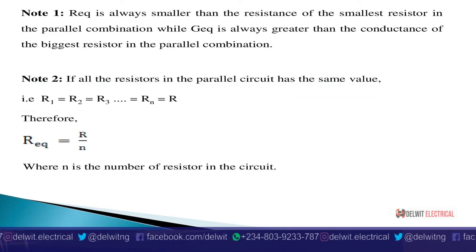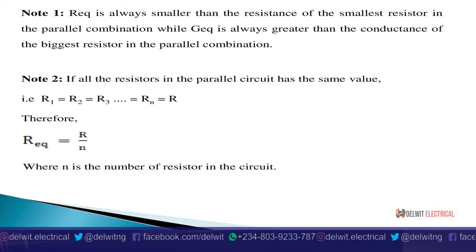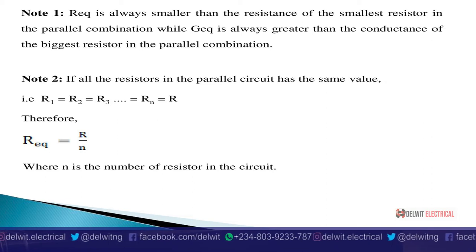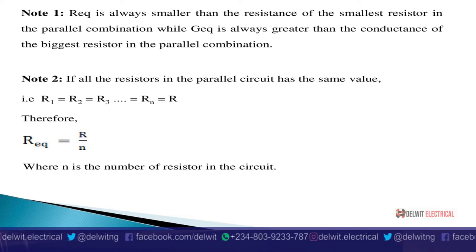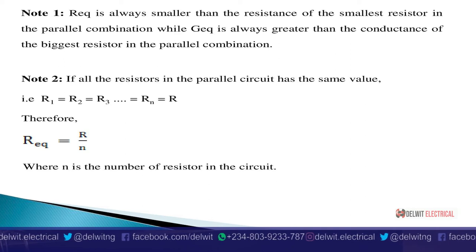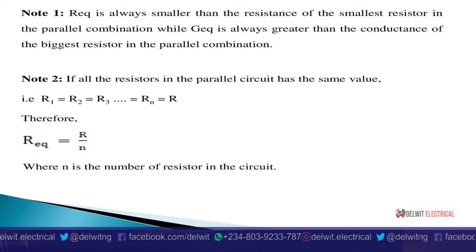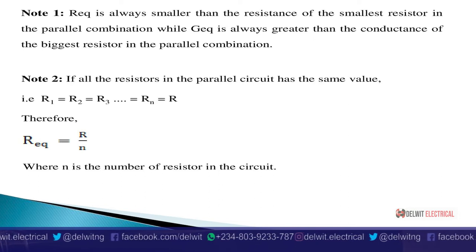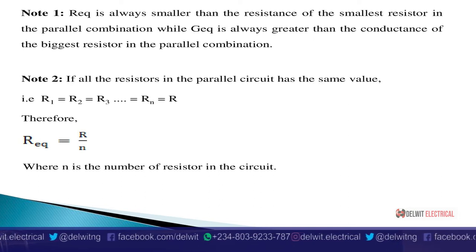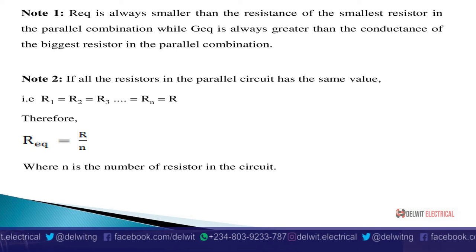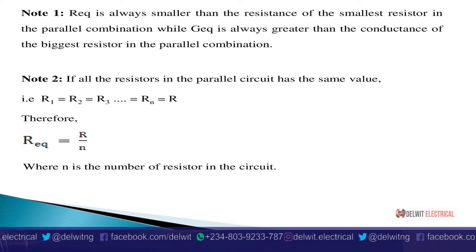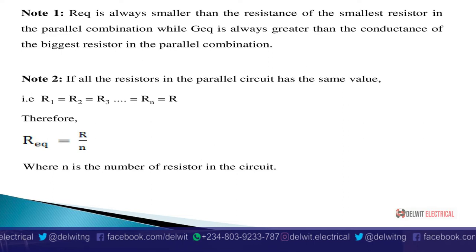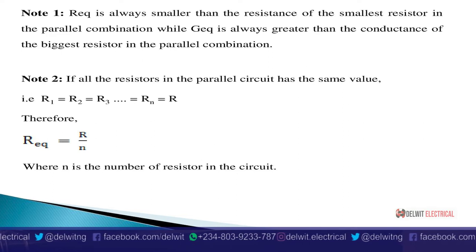If we have R1 equal to 2, R2 equal to 2, R3 equal to 2, then 2 over the total number of resistors is our R equivalent. So there's no need for you to start calculating anything else. You just divide by the total number of resistors, and that gives you your R equivalent.